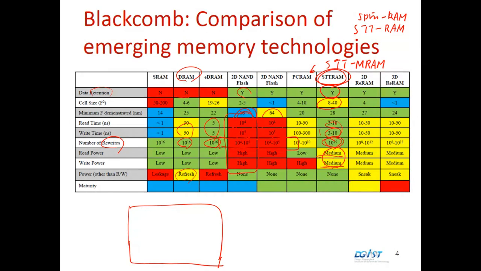And also, we don't need any keep power. For example, with DRAM, the memory can disappear within 60 microseconds, so they must rewrite again while the power is on, and they consume a lot of energy. But with this technology, we don't need any extra power except in the read-write case. So as you see here, the STT is quite good. That's why we are working on these spintronic devices.